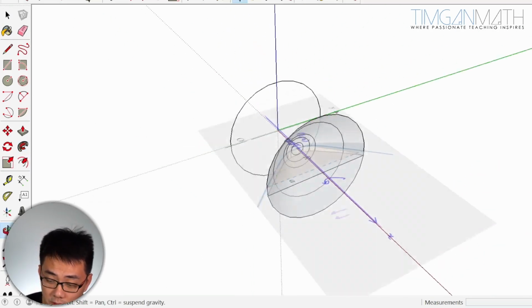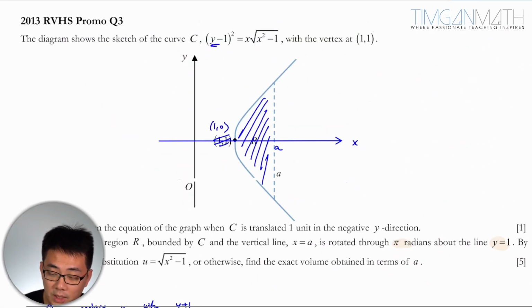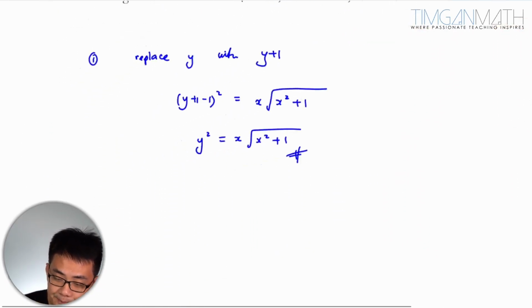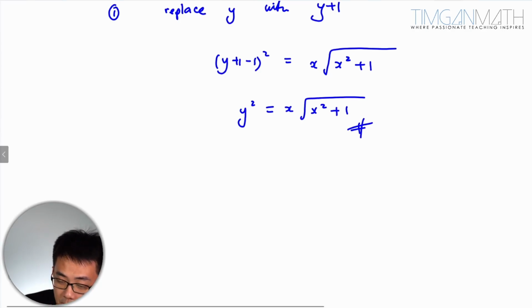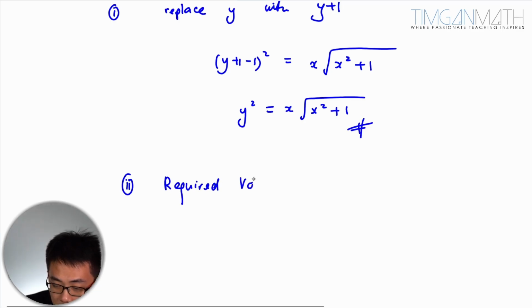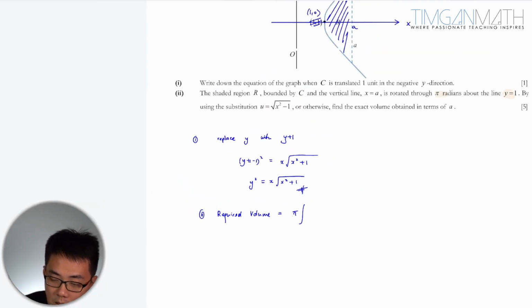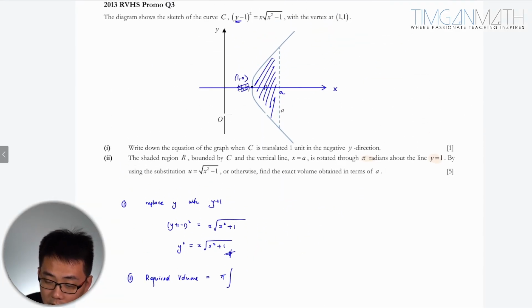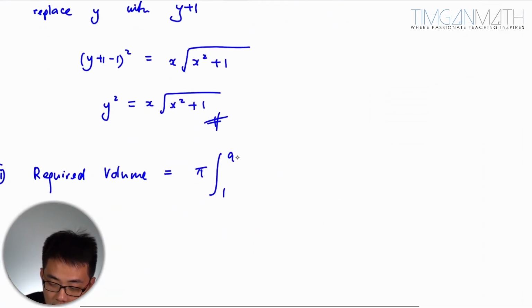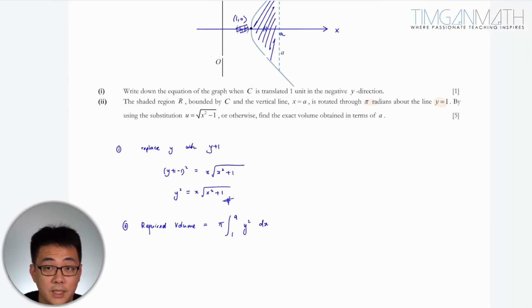Using the new equation that we found, this is the required volume. This will be pi, integrated from 1 to a, of y squared dx, because we rotate about the new x-axis.